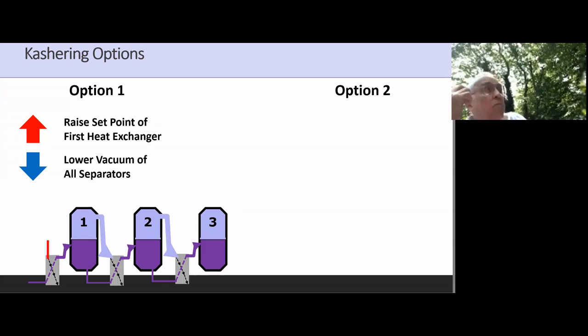And if we lower the vacuum, that will also increase the temperature. Lowering the vacuum means instead of it boiling at, let's say, 195, as we had before, it boils at 200. It's confusing, but we make the vacuum less. Decrease.